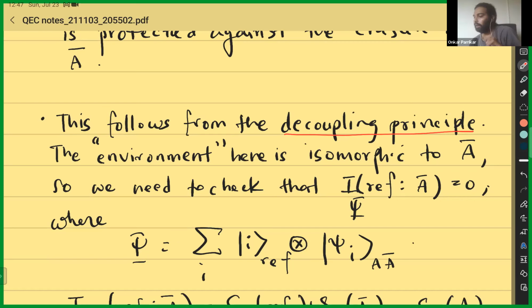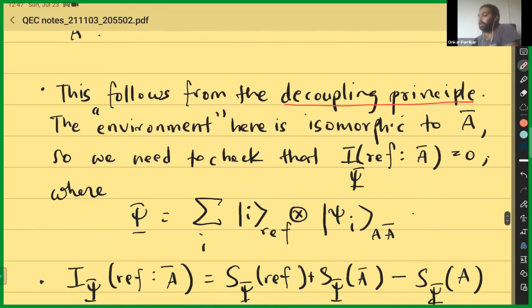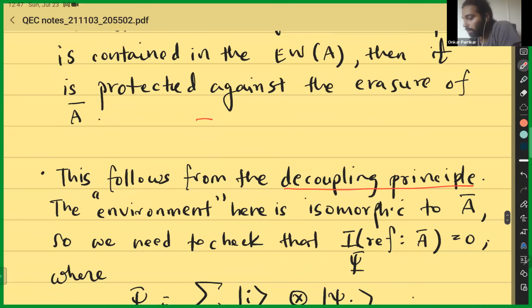So to check this error correction criterion, I want to compute the mutual information between the reference and the environment systems, as we discussed. In the current setting, the environment system is just another copy of A bar, and the joint unitary is just going to swap the environment with A bar.